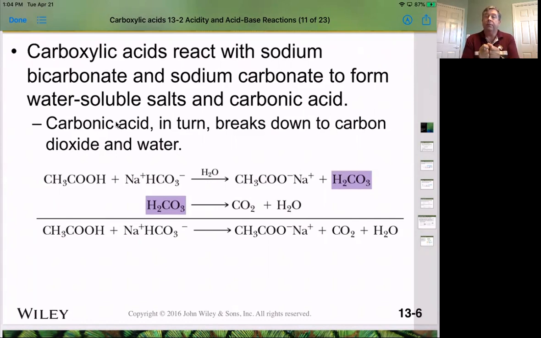And so once you make that carbonic acid, it decomposes into CO2 and water. And if the CO2 is allowed to evaporate, it makes it an irreversible reaction. You've completely deprotonated it from the sodium bicarbonate, but then you've created water and the CO2 evaporates. And that's one good way to isolate a nice pure salt of a carboxylic acid.